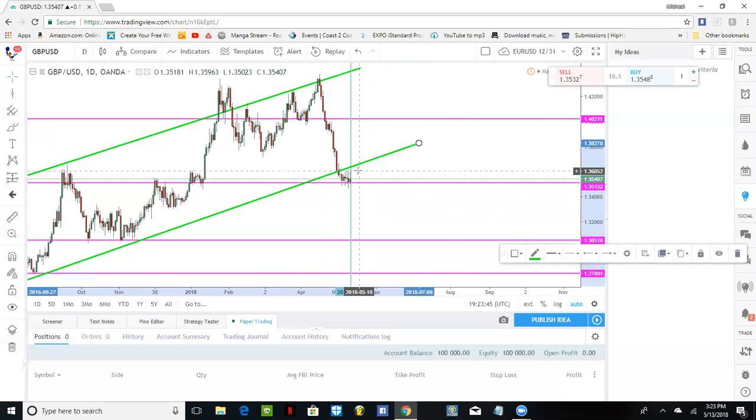It must be going up because it's already tested this, but right here I can see it's already tested this trend line. As a matter of fact, I want to just highlight that area right there.